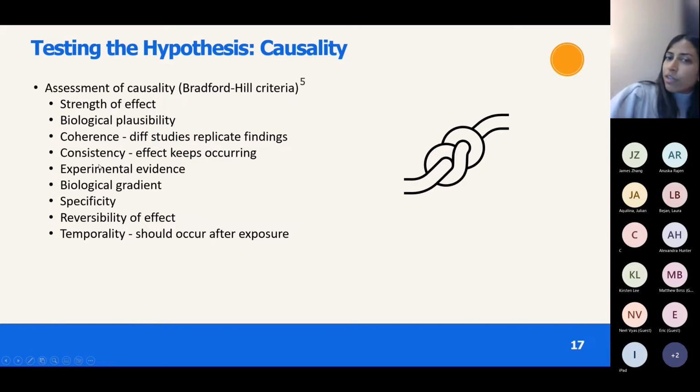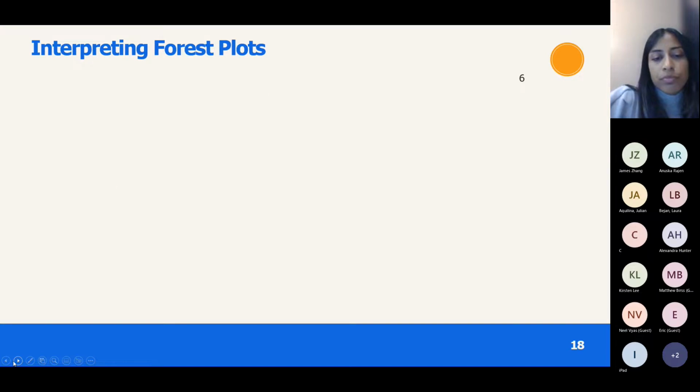Consistency is if the effect keeps occurring, then there's more likely to be a relationship. There's experimental evidence as well, if it's specific for that one intervention as well, and if it's temporal, as in the outcome should occur after the exposure, then there is likely to be a cause or a link between the two.